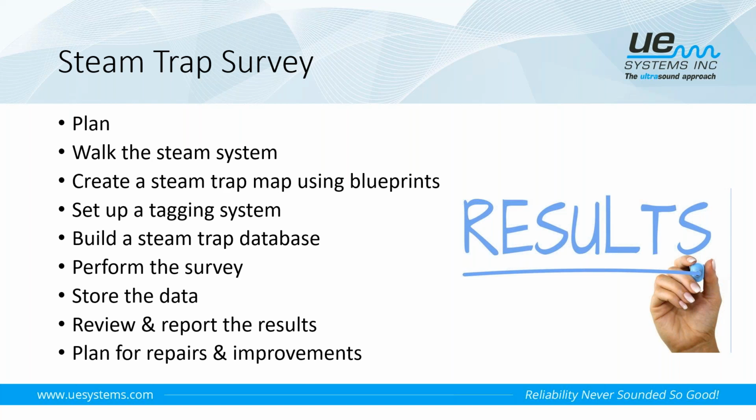I've been in plants where sections of the plant date back to the early 1900s. So you can imagine over 100 years' time how things have been modified, added to, taken away. There may be steam lines still there that have been in place for decades, but maybe non-operational.